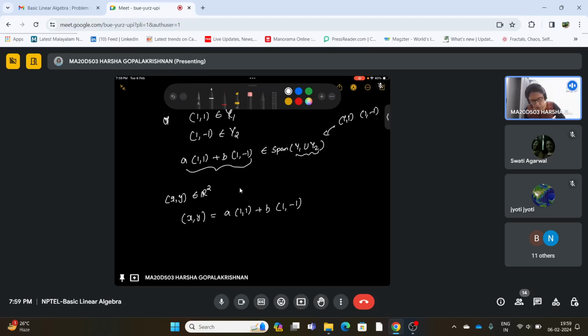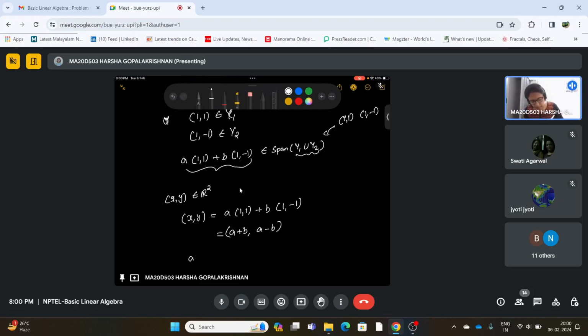That is what we are going to check. This is (a + b, a - b). The given element is (x, y), so I need to find the scalars a and b in terms of the given x and y.